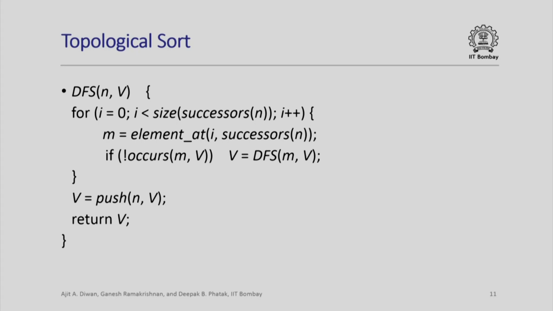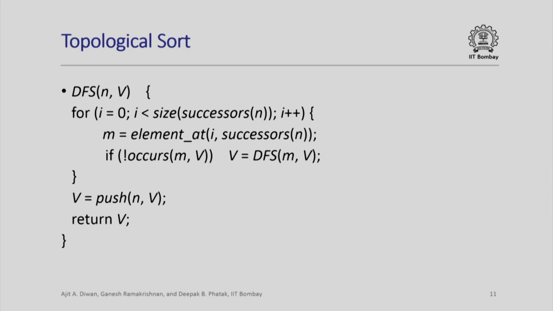So, we will first do depth first search on all the successors, that will end up visiting some other nodes, and then the node n itself is added last to the sequence V, or it is added at the beginning of the sequence V. So, instead of adding it at the end of the sequence V as we were doing previously, we will add it to the beginning of the sequence.